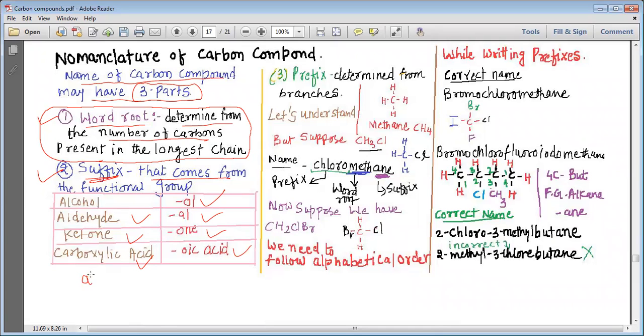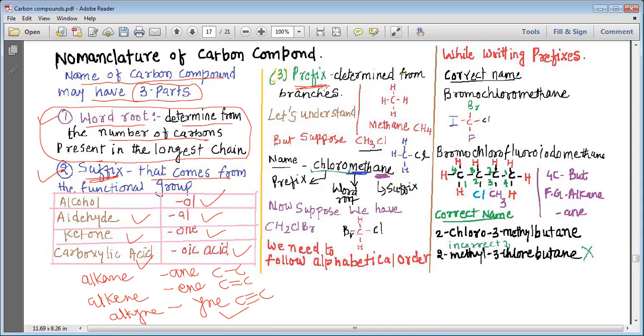If the functional group is alkane, we will have suffix ane. If the functional group is alkene, we will have suffix ene. If the functional group is alkyne, the suffix we are going to have is yne. So C single bond C, ane; C double bond C, ene; and C triple bond C, yne.